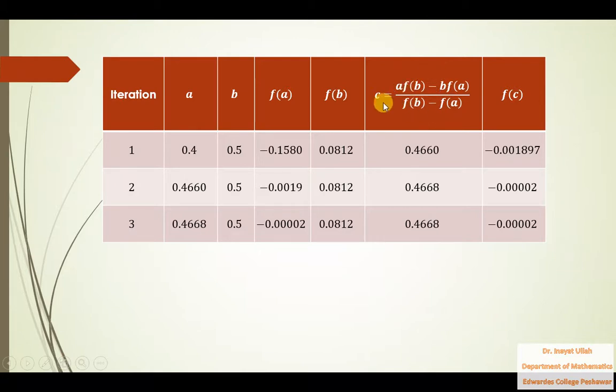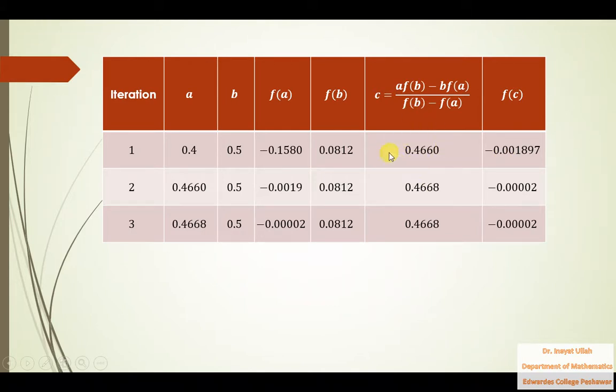For c we need a, b, f of a and f of b, so first of all we need to know a, then b, then f of a, then f of b, then we'll be able to find c. And the last one is f of c.